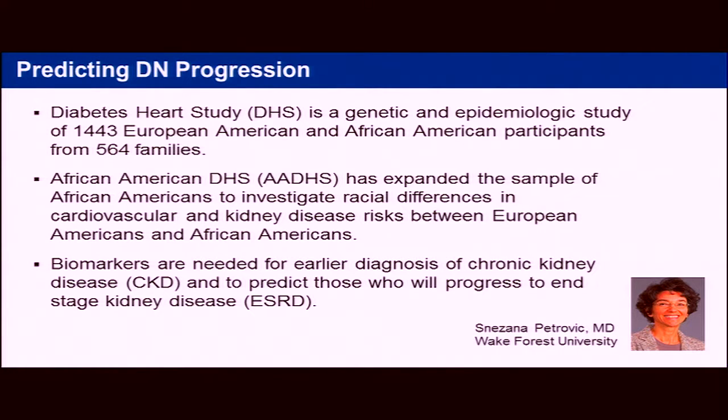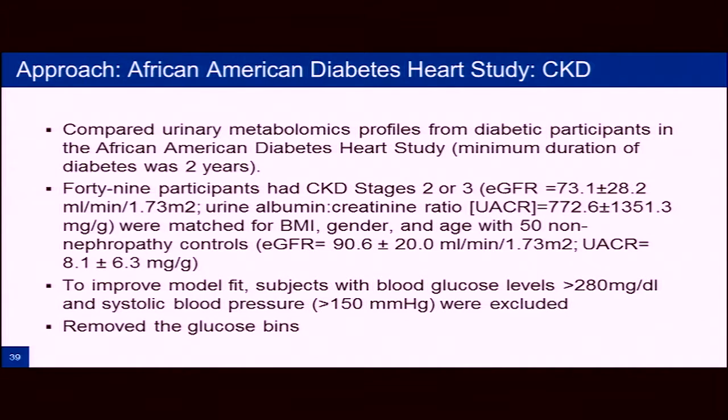We did another study with Snezana Petrovic looking at predicting diabetic nephropathy progression. It used this set of samples from the African American Diabetes Heart Study, and we compared urines from a number of early CKD stage patients.